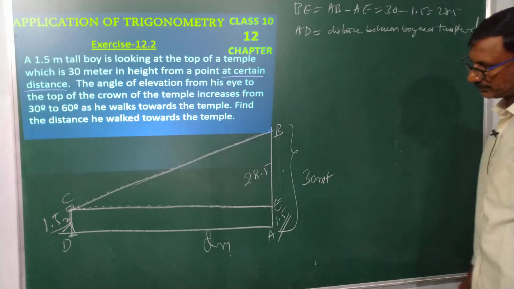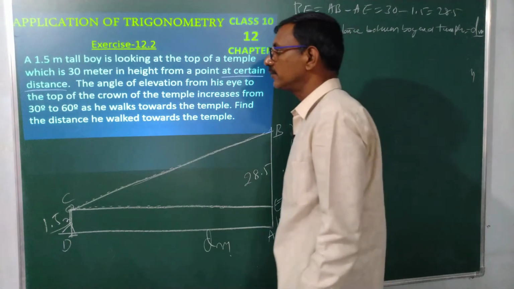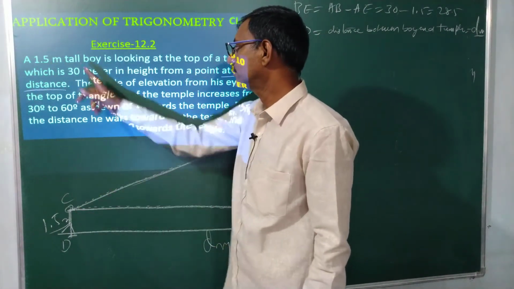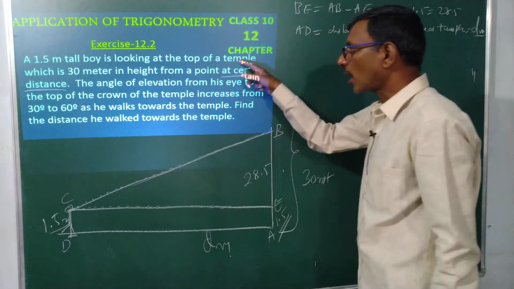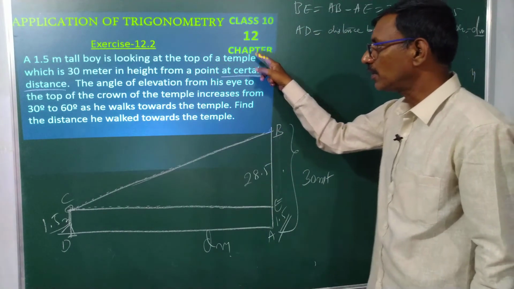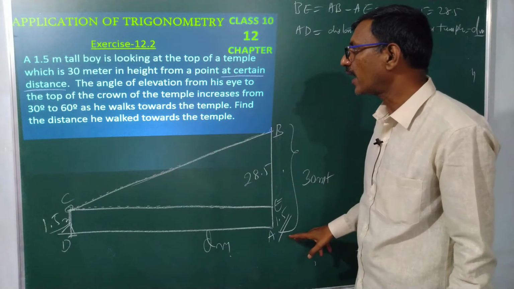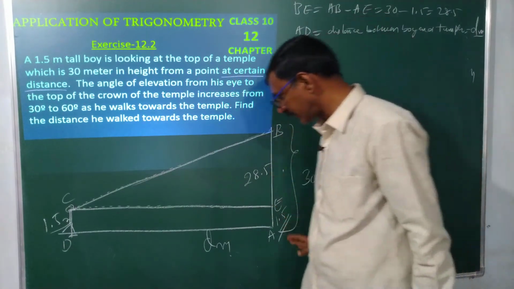Once again, a 1.5 meters tall boy is looking at the top of the temple, which is 30 meters high, from a point at a certain distance.